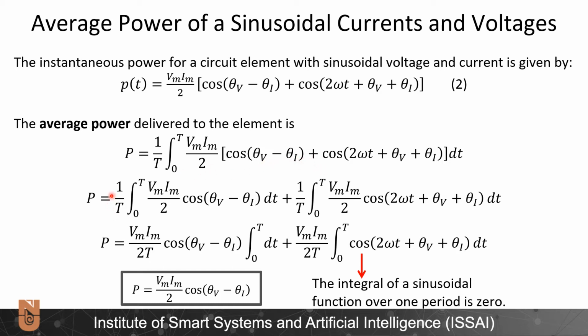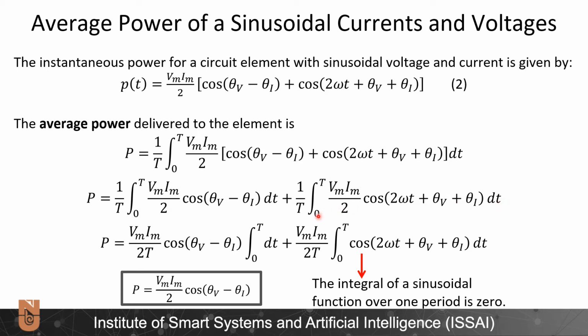One of them is 1 over T times the integral from 0 to T of Vm times Im divided by 2 times cosine(theta v minus theta i) dt. And the other one is plus 1 over T, an integral from 0 to T, of Vm Im over 2 times this cosine term. Now, let's have a closer look at this cosine term.